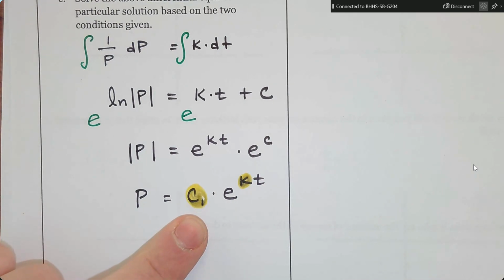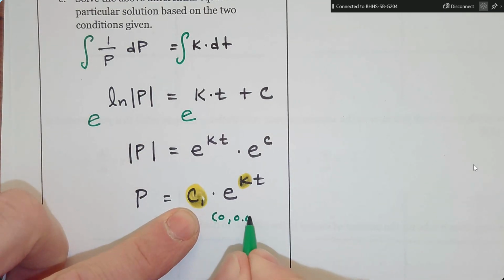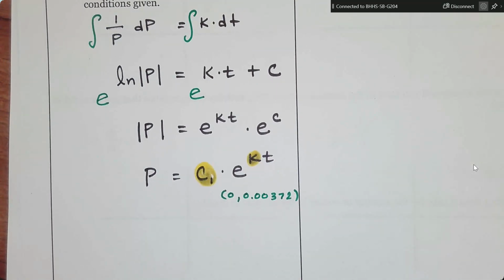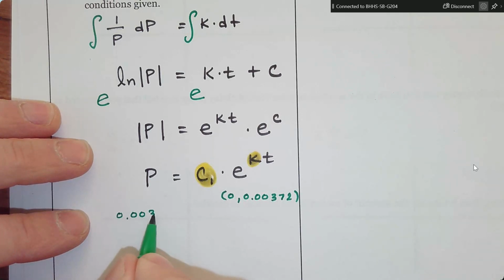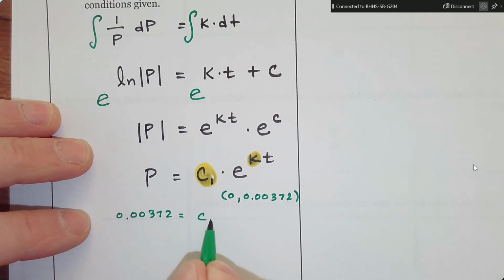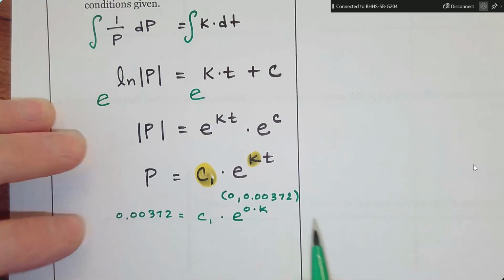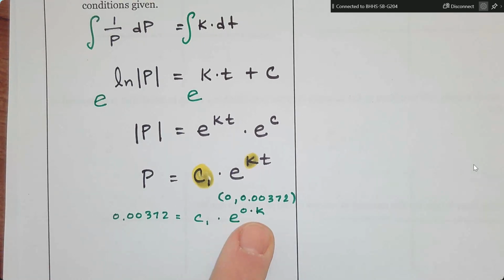Let's start with C1. You're going to plug in this condition. So that's the first one. And you're going to get 0.00372 is equal to C1 times e to the 0 times K. And then you're going to be like, oh, 0 times anything is 0. E to the 0 is 1.